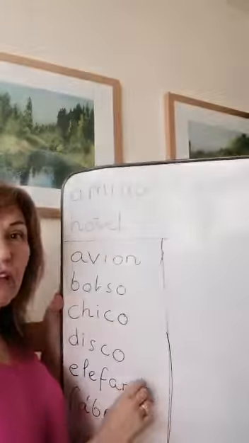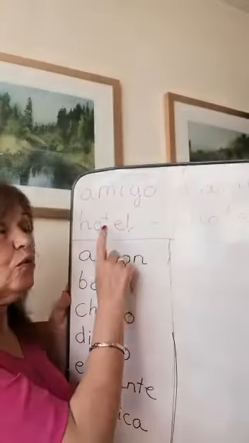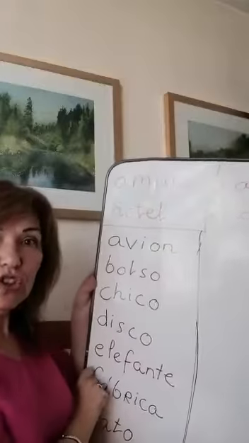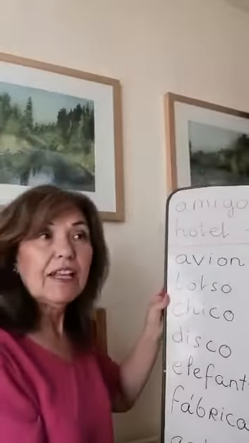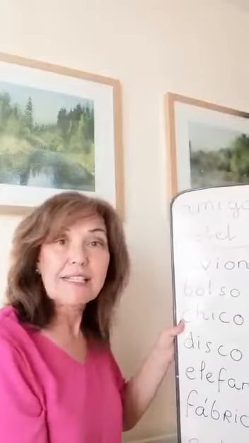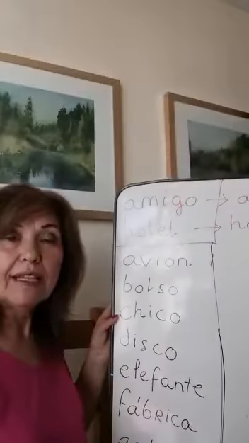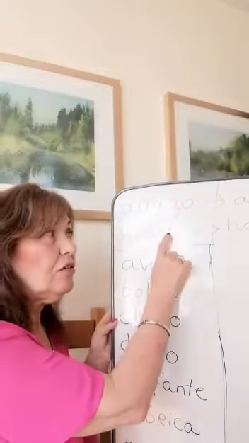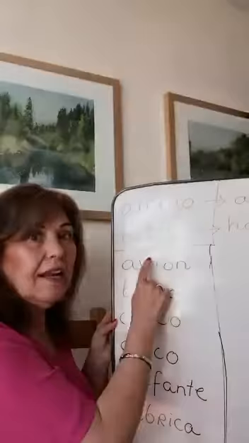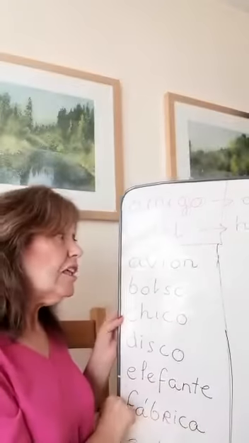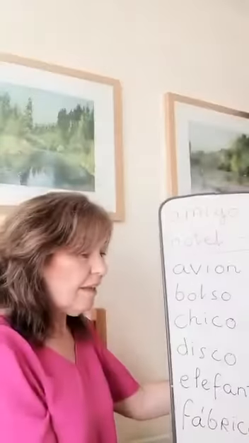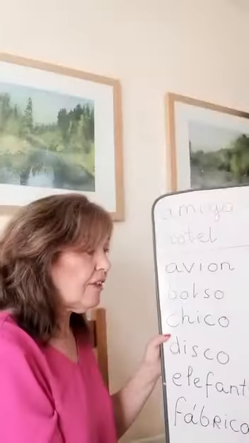So that will be hoteles. So un hotel, dos hoteles. So if the noun ends in a vowel, you add an S, and if it ends in a consonant, you add ES. Amigo, amigos, hotel, hoteles.